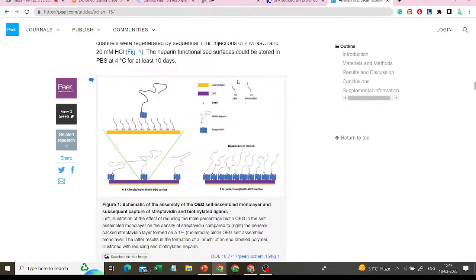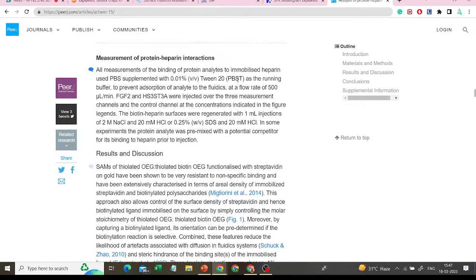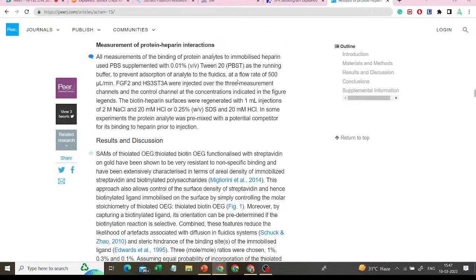So the whole surface, OEG, then how they have done the self-assembled monolayer measurement of protein immobilized using the previous buffer, which will be very resistant to non-specific binding. You have to first be very sure that it does not have any non-specific binding, and it has been extensively characterized in terms of areal density.